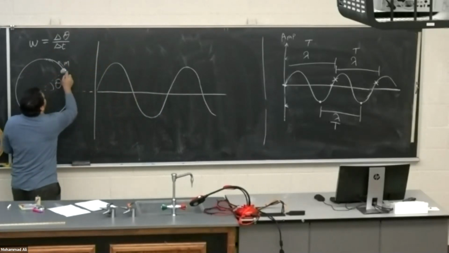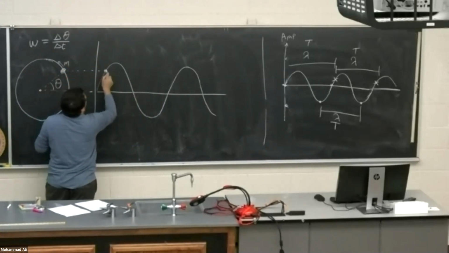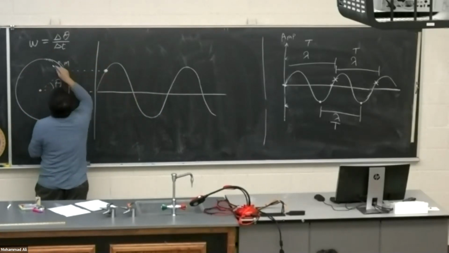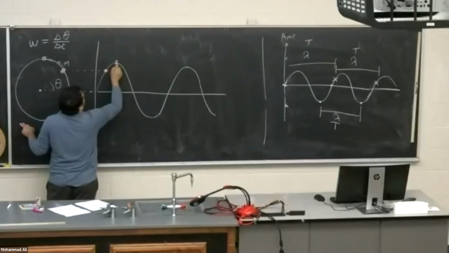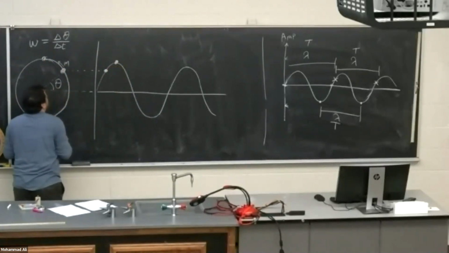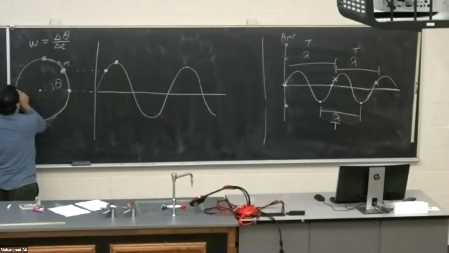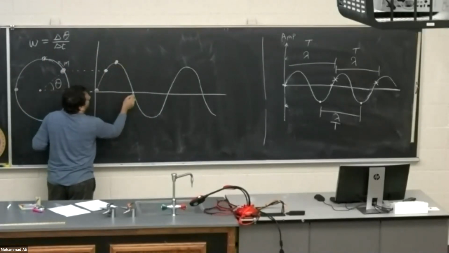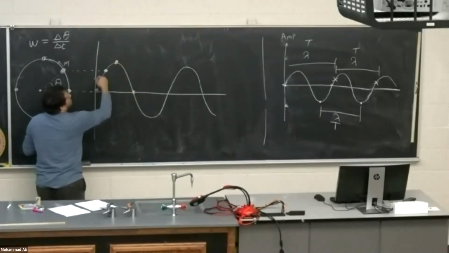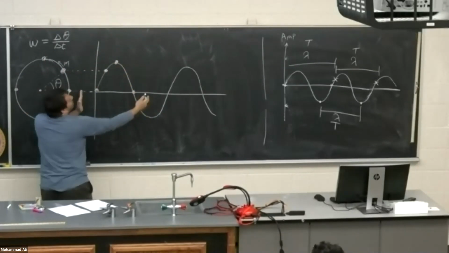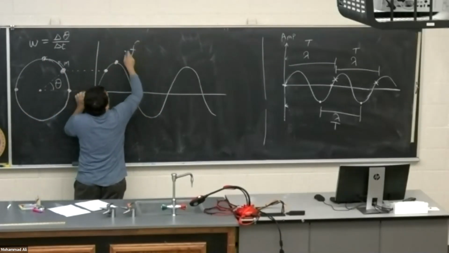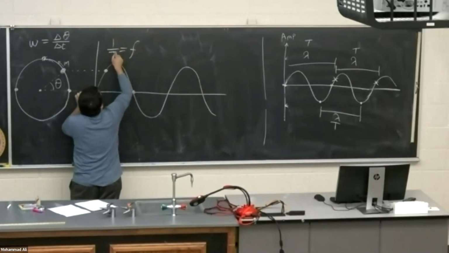So, if the mass is here, then the motion we are here. If the mass is here, then it is at the amplitude displacement. If the mass is here, or here, then our motion is here, and so on. For this motion, we have a frequency, which is 1 over T.